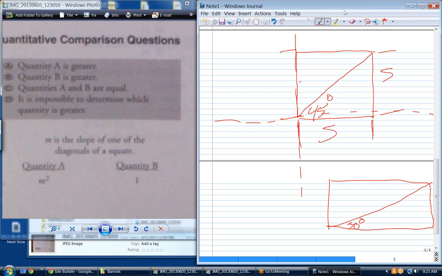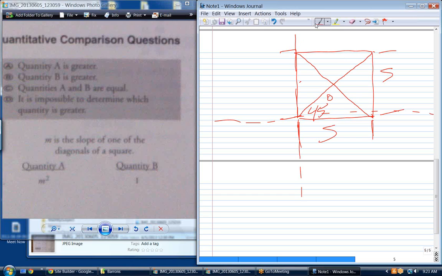Okay. It's also negative 1. In other words, that's also the diagonal of a square. Notice that the slope of the other diagonal is not 1. It's negative 1. And that's why the question here says m squared, to handle both the negative and the positive 1 slopes of the diagonals.